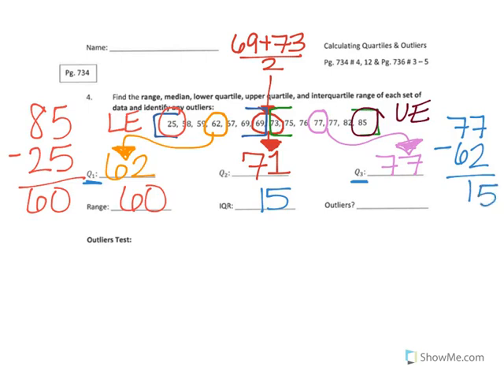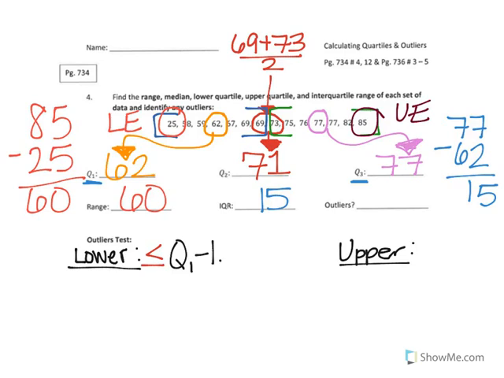And then you have to figure out, are there any outliers? So we are going to use the outlier test to practice and prove it mathematically if there are or aren't any outliers. So we have to remember these formulas. For the lower outlier test, you will have an outlier if that number is less than or equal to Q1 minus 1.5 times the interquartile range.